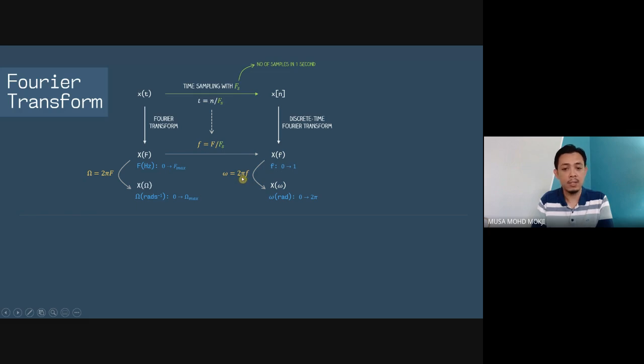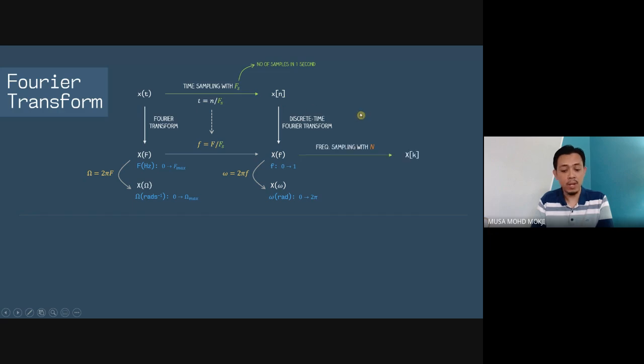We have this term, and we call it angular frequency, but instead of capital omega, we use small omega. Now we have 4 different types of frequency: capital F, small f, capital omega, small omega. These two are for continuous time, and these two are for discrete time.